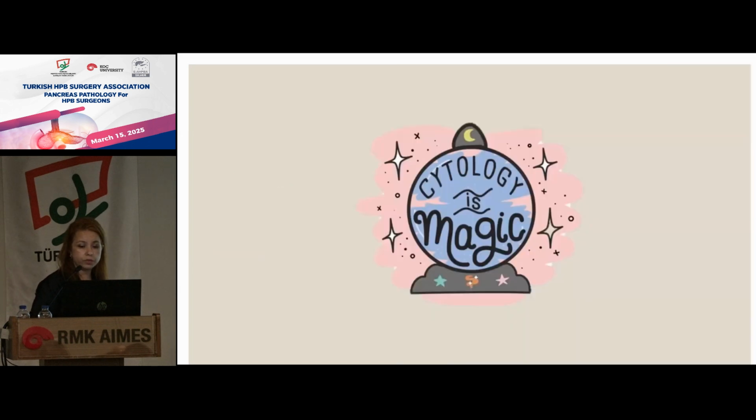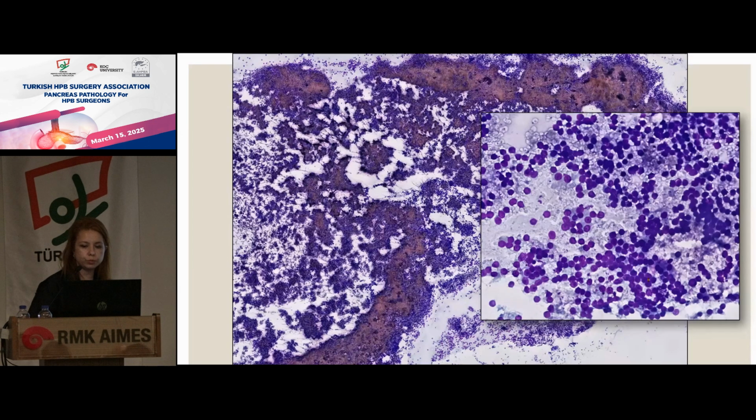And before I finish my presentation, I want to show you some cases. For example, here there are numerous cells in the background, and the sample appears hypercellular. When we look at higher magnification, most of those cells appear monotonous, similar looking. In these cases, adequacy was given in the second pass.